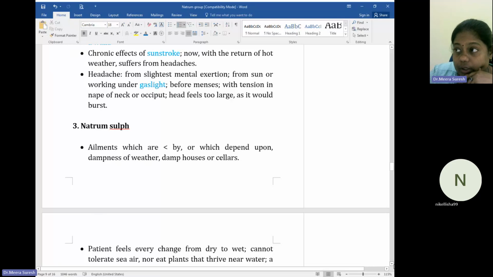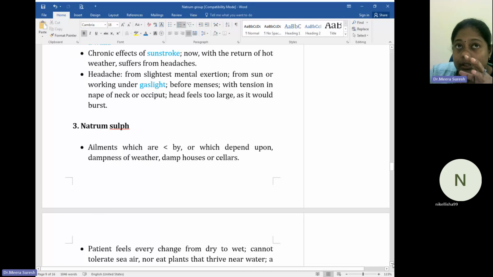People living in cold weather always, or in the cellar region where it is cold always. And what we told, the hydrogenoid constitution is they can't live near a water body and they can't even have food like fish or seaweeds or any vegetable grown in water. They will be having complaints. So our medicines for that is called hydrogenoid constitution.